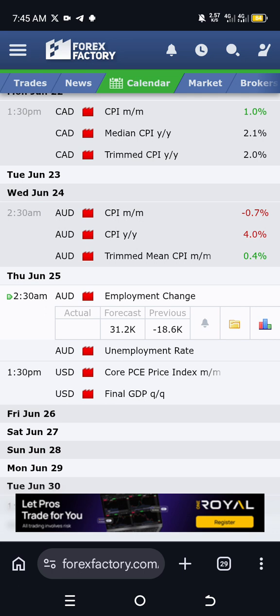If it's less than 31k, it will be bad news. Big players in the market will start taking sell orders instead and start selling Australia instead of buy orders. And if the actual is the same as the forecasted figure, it's still good news for that currency, although the market might be pricing it in sometimes before the news is released. I hope you are getting this now.